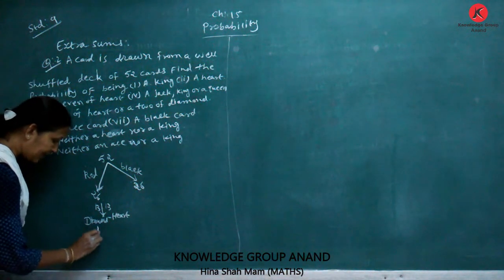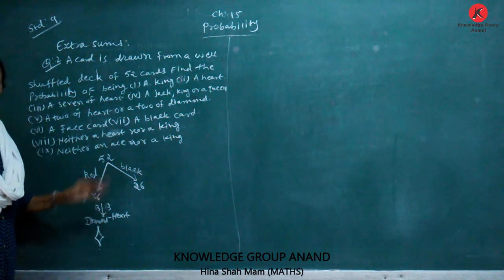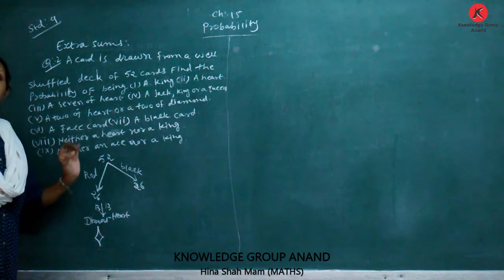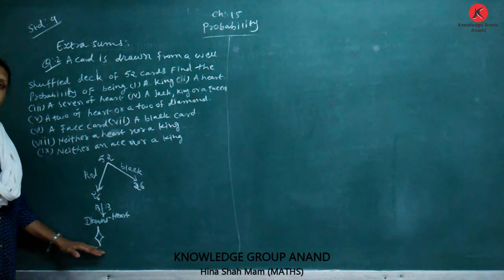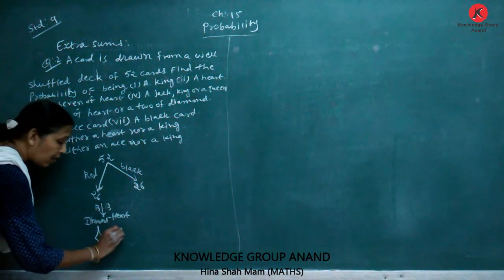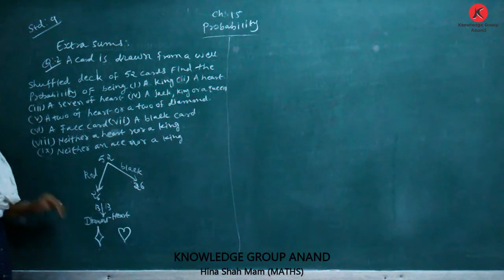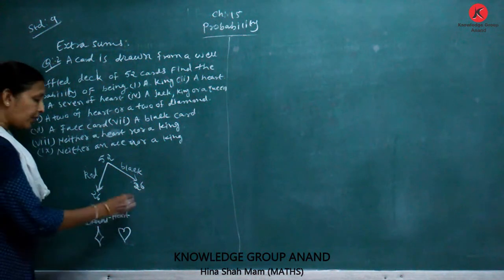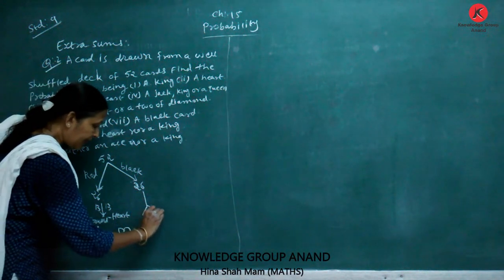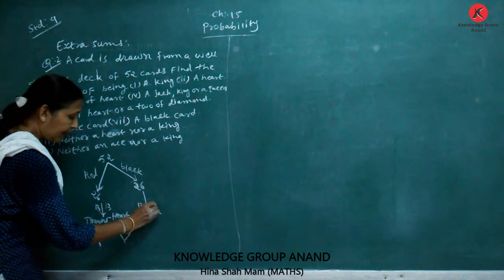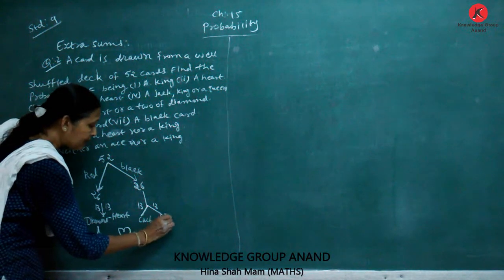The diamond sign is like this. 13 cards of this: 1, 2, 3, 4, 5, 6, 7, 8, 9, 10, and then jack, queen and king. There are 13 cards of diamond and 13 cards of heart. Now the other 26 cards: 13 are club and 13 are spade.